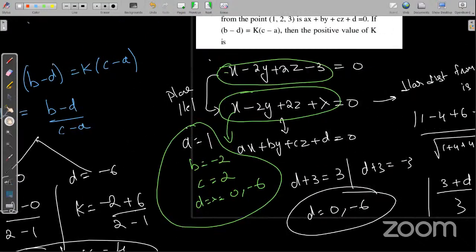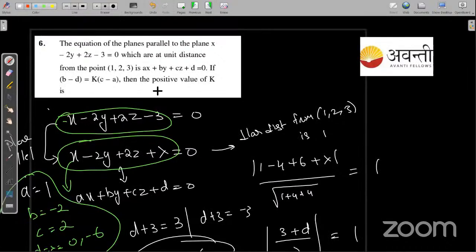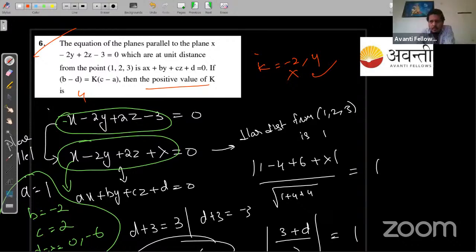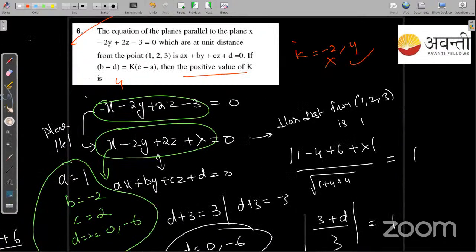So what is he asking exactly? He's asking the positive value of K. K is equal to -2 comma 4, so this is wrong, this is correct. He's asking the positive value, so it is 4. I hope it is clear, guys. Any doubt, you can ask me. If no doubts, we can proceed on to the next question.